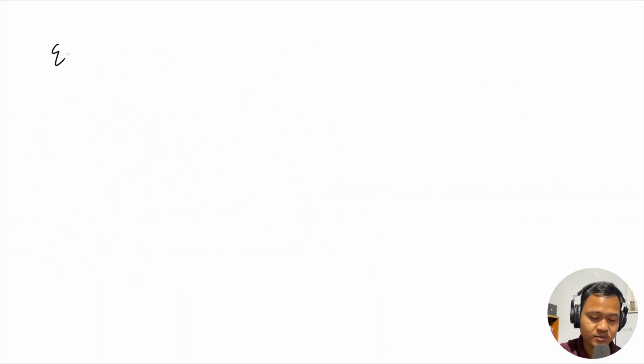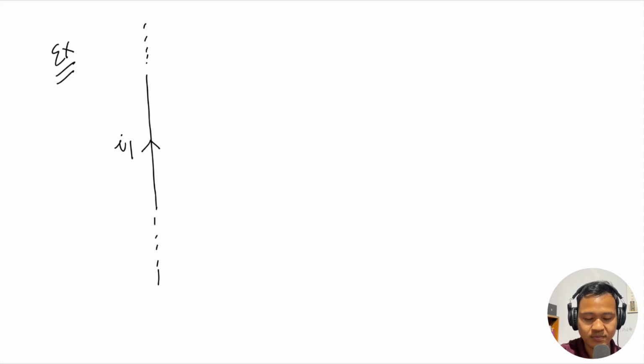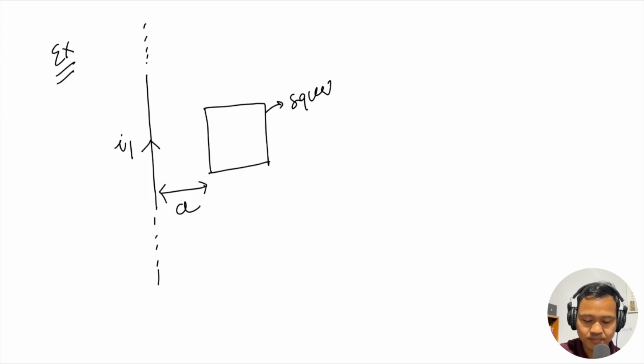Okay, next. Suppose I have an infinite wire, current I1. Now I have a square loop here, with side A. Then the question: let's say here current is going like this, I2.